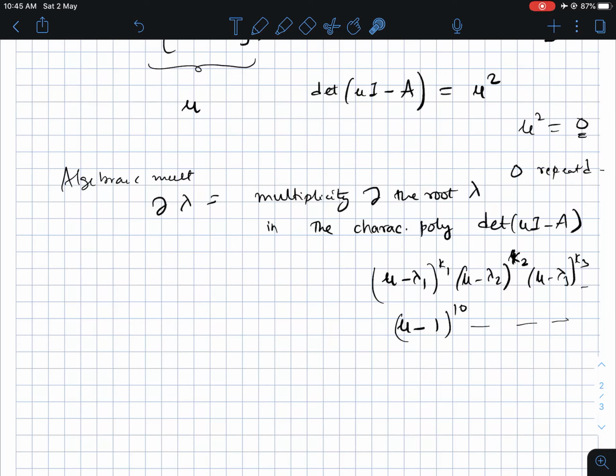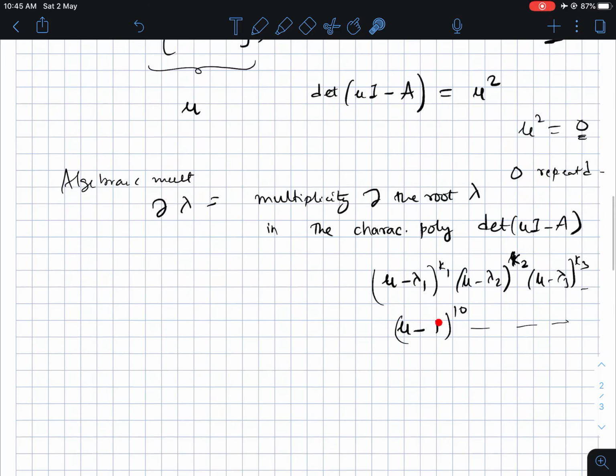If you just write down this polynomial and factorize it, whatever power comes on top tells you that there are that many eigenvectors corresponding to the eigenvalue 1. So if you get mu minus 1 to the power of 10 and this matrix A happens to be symmetric, then the eigenvalue 1 has 10 linearly independent, in fact orthogonal, eigenvectors. That's quite amazing.